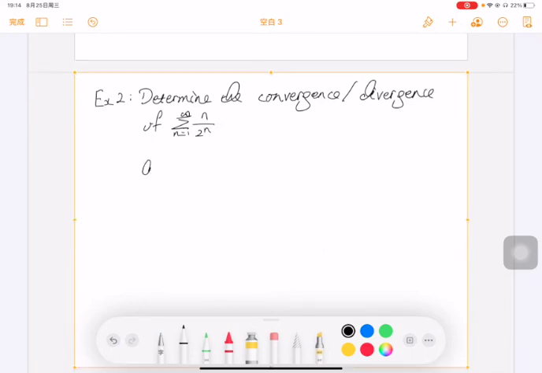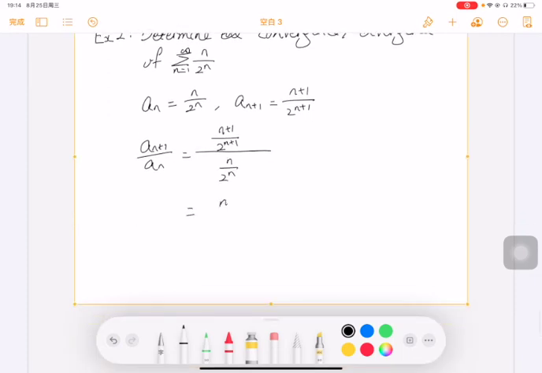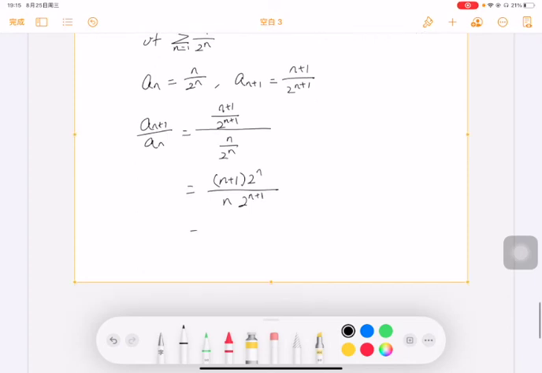Once again, let's write out the term a_n, which is n divided by 2 to the n. a_(n+1) equals n plus 1 divided by 2 to the n plus 1. Therefore, we have a_(n+1) divided by a_n equals (n plus 1) over 2 to the n plus 1, divided by n over 2 to the n. Now simplify this, we get (n plus 1) times 2 to the n divided by n times 2 to the n plus 1, which is (n plus 1) over 2n.